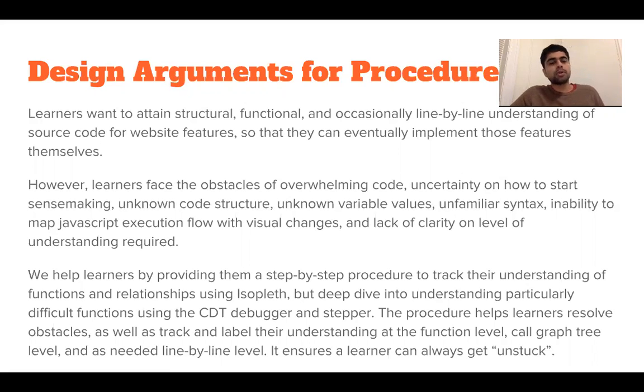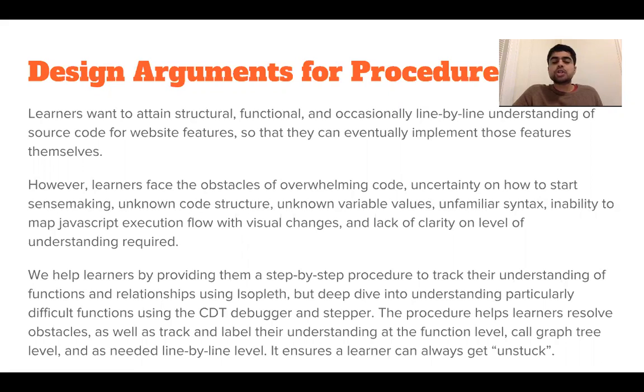And so we help learners by providing them a step-by-step procedure to track their understanding of functions, of relationships, using Isoplet, but also deep diving into Chrome developer tools as necessary. And this procedure helps learners overcome obstacles, but also track and label their understanding at the functional level, at the call graph tree level, and as needed, even at the line-by-line level.